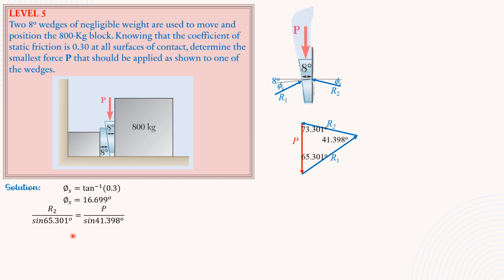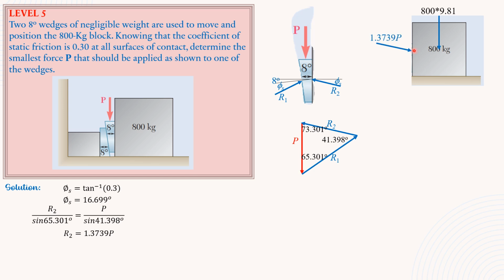So expressing R2 in terms of P, R2 is 1.3739 P. Then we draw the free body diagram. We transmit R2 to the 800 kilogram block. So for the free body diagram, we have the weight 800 times 9.81, then R2, which is 1.3739 P, down to the right, with an angle with horizontal of 16.699 degrees.